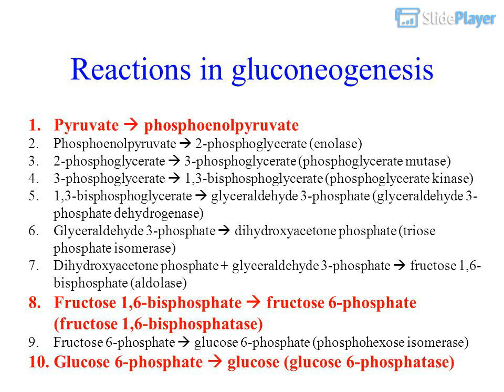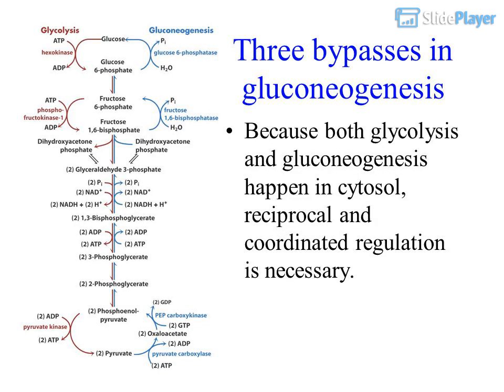Fructose 6-phosphate to glucose 6-phosphate, phosphohexose isomerase. Glucose 6-phosphate to glucose, glucose 6-phosphatase. 3 bypasses in gluconeogenesis. Because both glycolysis and gluconeogenesis happen in cytosol, reciprocal and coordinated regulation is necessary.